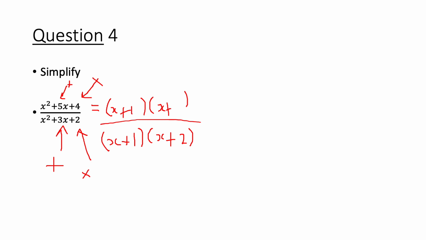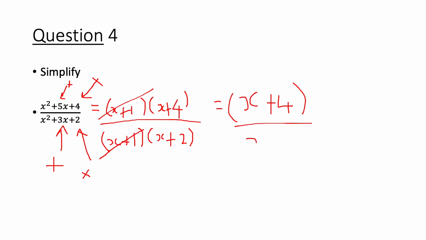So it's going to be x plus 1 times x plus 4. 4 plus 1 is 5, and 1 times 4 is 4. Now I have a common factor so I can cancel this and this. So my final answer is x plus 4 divided by x plus 2. That is my answer for this question, guys.